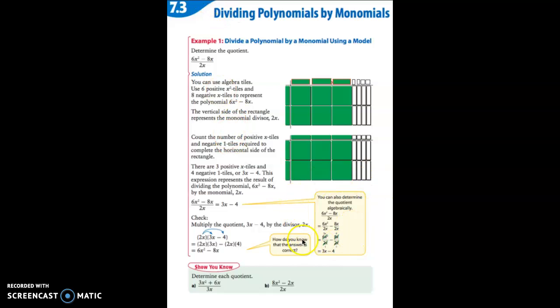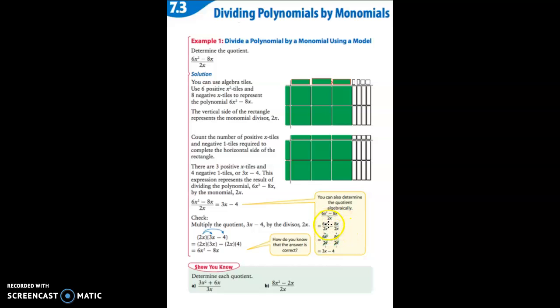You can also calculate this algebraically. You have 6x squared minus 8x divided by 2x, where you can break this apart and make 6x squared divide 2x minus 8x divide 2x.